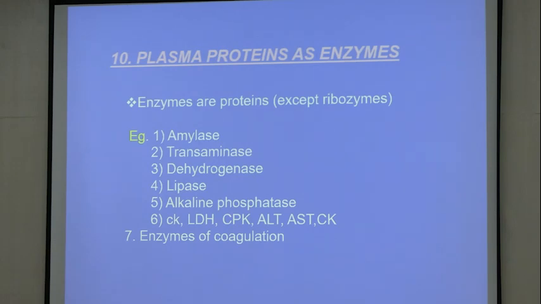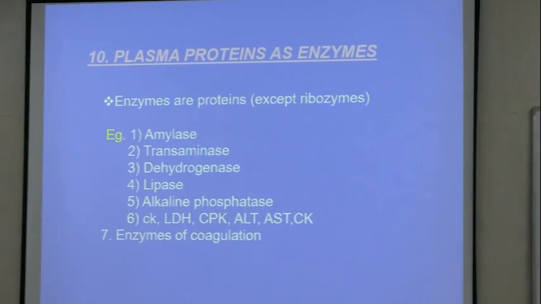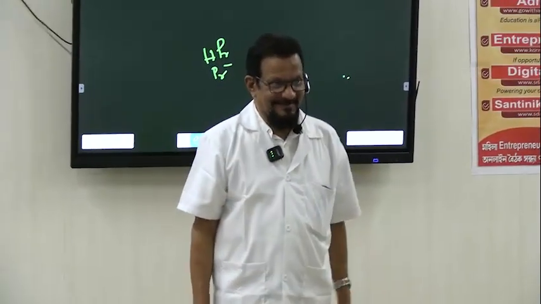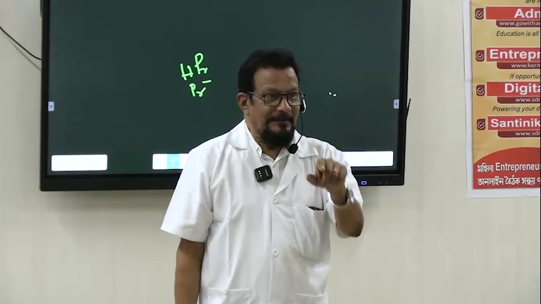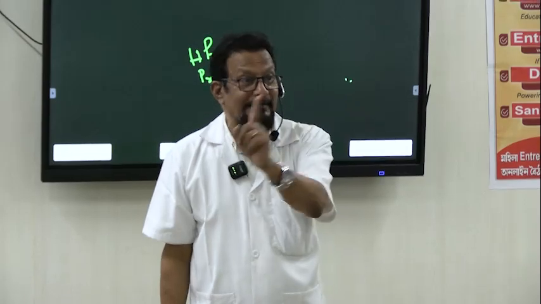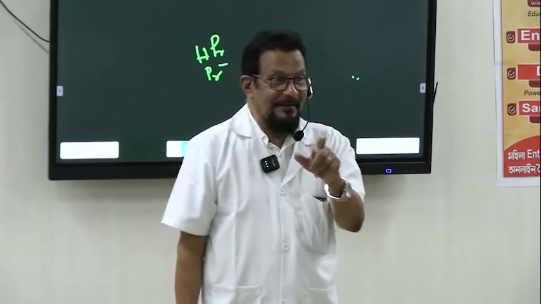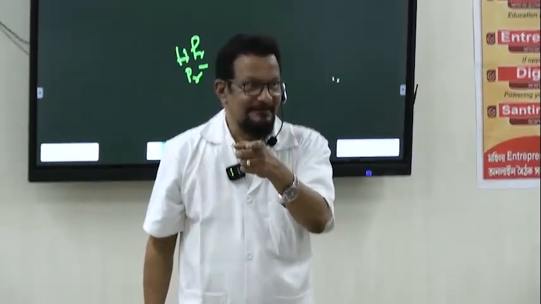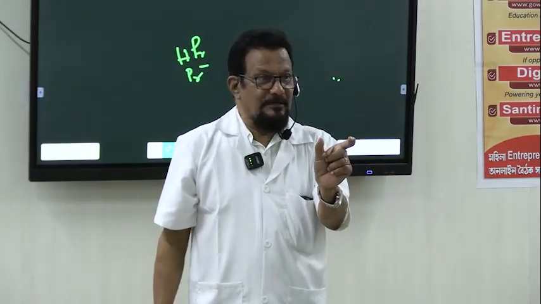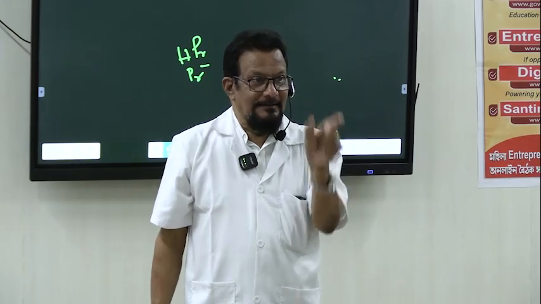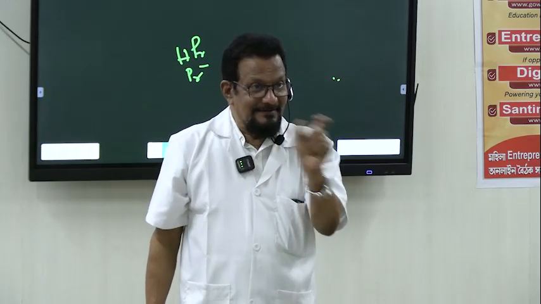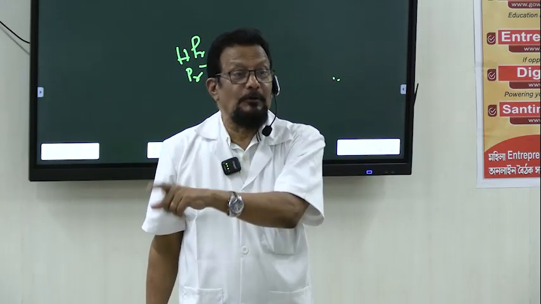For example, thrombin and fibrinogen, they are actually enzymes, proenzymes. When prothrombin is activated, it is converted into thrombin. Now thrombin acts as an enzyme and starts the coagulation process. And when fibrinogen is stimulated, it is converted by thrombin into fibrin.